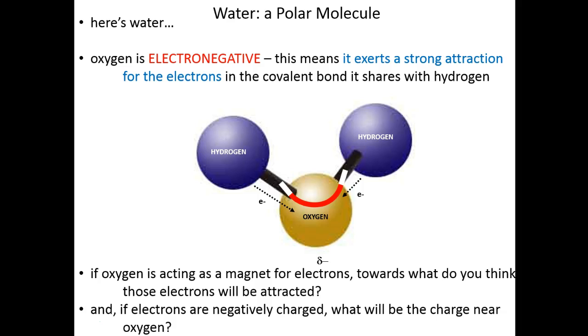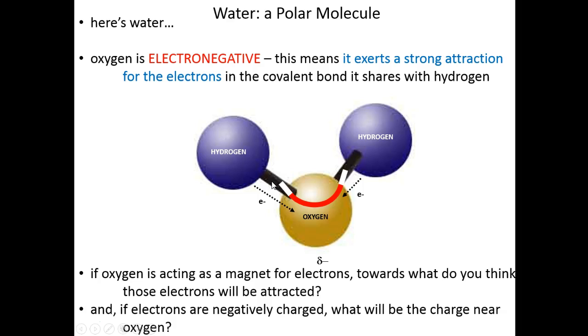But here's where that bit part comes in. It's not a full negative charge around oxygen because oxygen doesn't always hold those electrons near it. Those electrons are zooming around oxygen and zooming around hydrogen. So as they zoom around oxygen, those electrons slow down because they like being around oxygen. And then as they whip around hydrogen, they do so very quickly so they can get back to oxygen and slow down. And then they zoom around hydrogen very quickly.